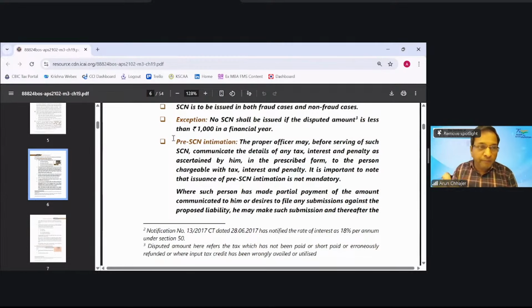So there is a form DRC 01 capital A, which can be issued by the officer before the show-cause notice. Why are they issuing it? Because if I go to section 74, there was a lesser penalty being imposed in the 74.